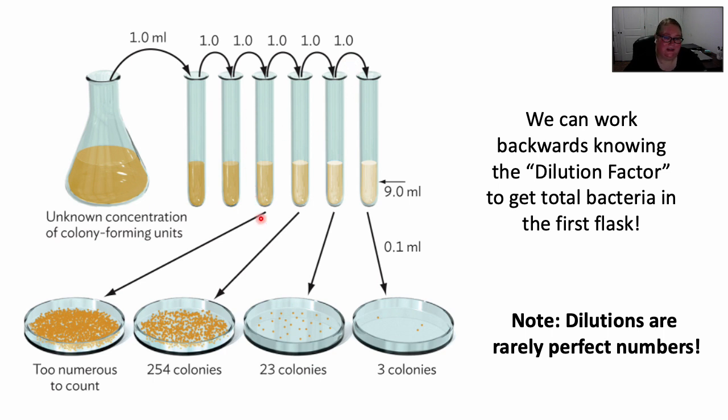Okay, we can take these and we can use the math to figure out how many cells, how many CFUs, how many colony forming units we have in the original unknown sample. Okay, now let's be real. Rarely are dilutions going to give us perfect numbers, but we can get a close estimate of it by working backwards. So how do we do this? How do we do this math?